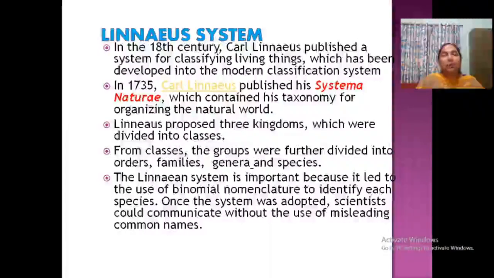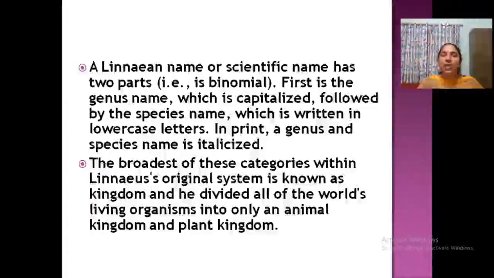It is important because binomial nomenclature was introduced by Linnaeus. You have to study what binomial nomenclature is. In order to communicate, we need a name, so scientific naming is very important. That naming is binomial according to Linnaeus. The system contains two parts: the generic name and the specific name.